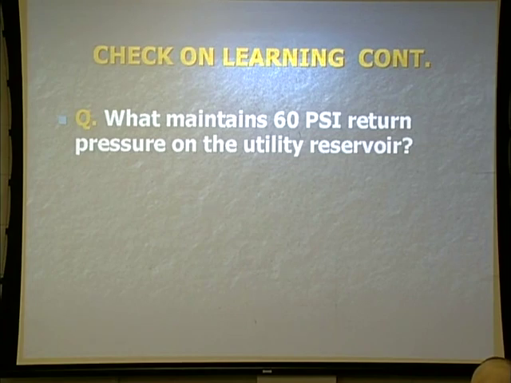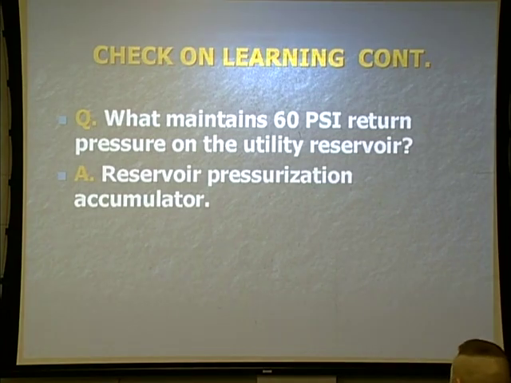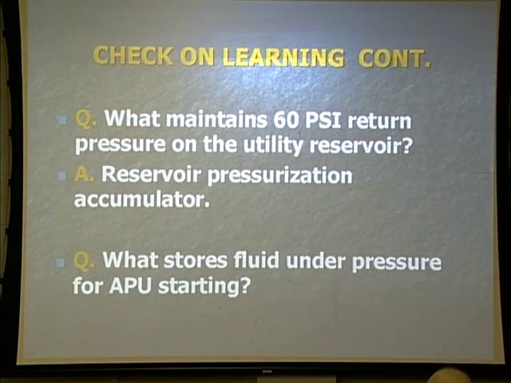The Utility Reservoir Pressurization Accumulator, also known as ERPA. Somebody gave us a little short thing called ERPA, or bootstrap accumulator. But if you can remember the proper name, it tells you what it does. What stores fluid under pressure for APU starting? APU Start Accumulator.